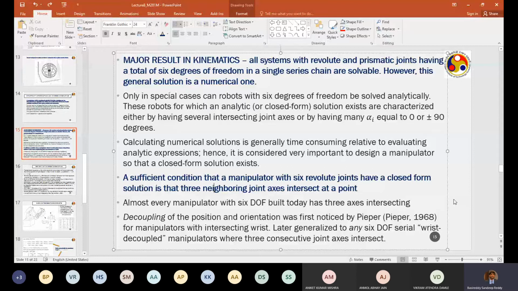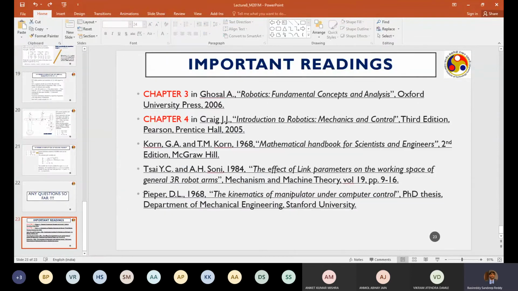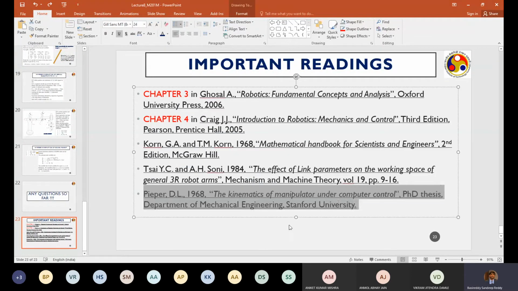And the last point, this is something that is a part of your assignment 2, which I'll give you today. The decoupling of the position and orientation was first observed by somebody called Piper. The reference I have given at the end of the slides. So if you see here, important readings, I have given this reference.